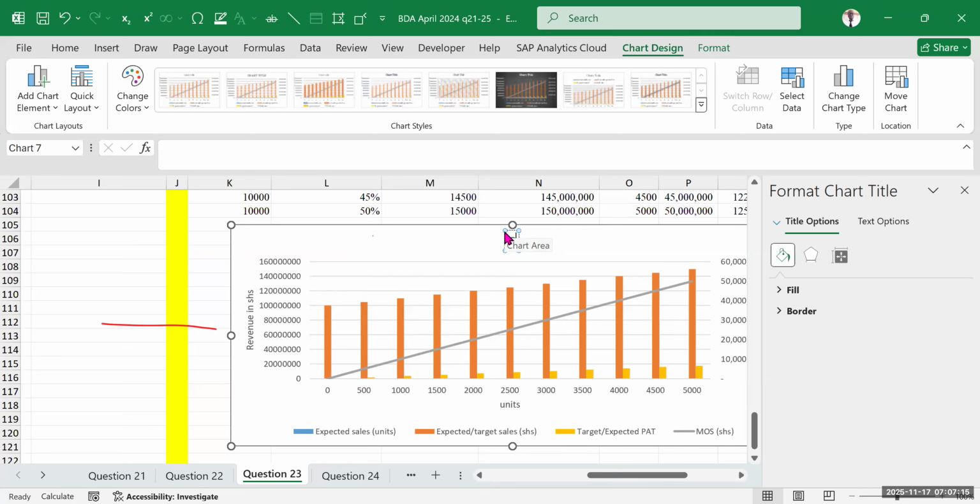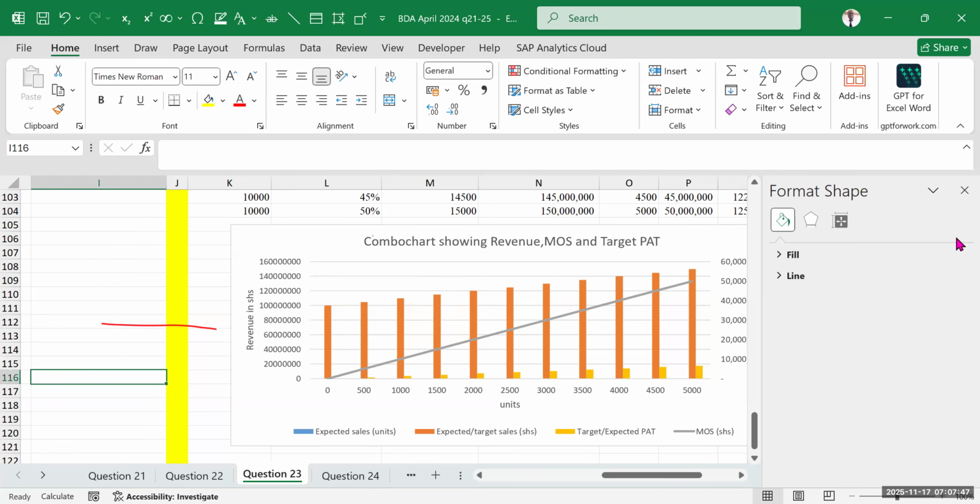You can say combo chart showing revenue, margin of safety, and expected or target profit after tax, like that. That can be my title, and I think that's all the examiner wanted there.